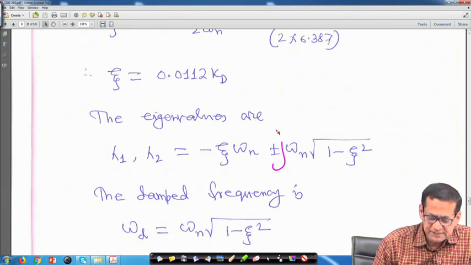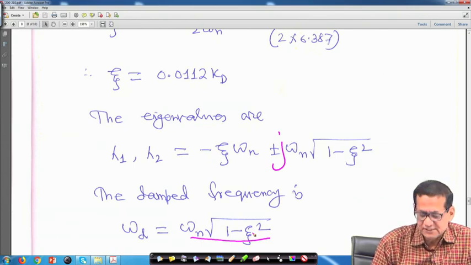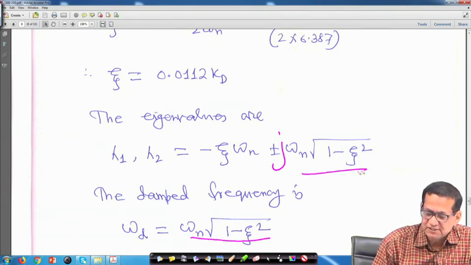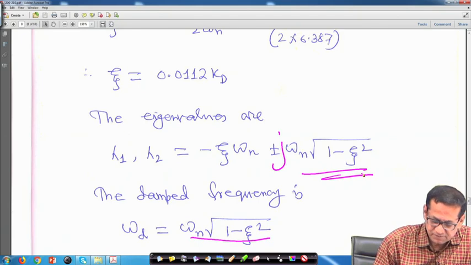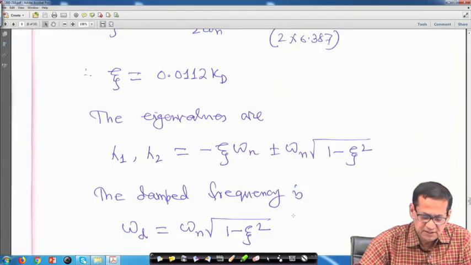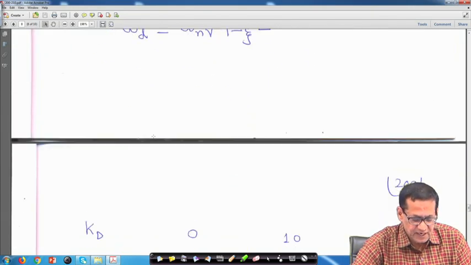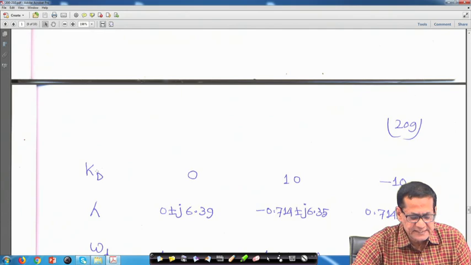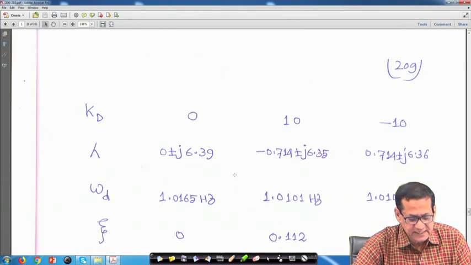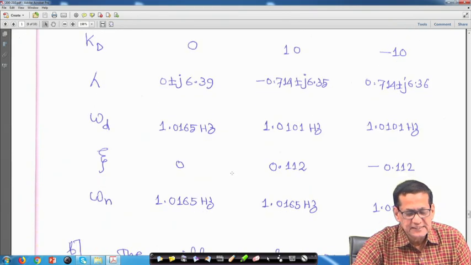The damped frequency omega d is equal to omega n root over 1 minus xi square. Now for k d is equal to 0, 10 and minus 10, lambda will be like this.